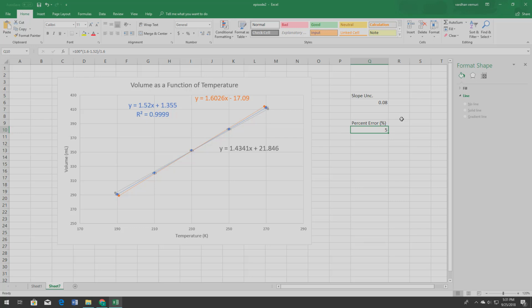Having a 95% sort of accuracy, if you will, is fairly high for most of the labs that you will be working with in IB1, and that probably won't happen. But what it means is that you were essentially 5% away from the actual value. So you were 0.08 away. And at the same time, we see here that 0.08 is actually our slope uncertainty.